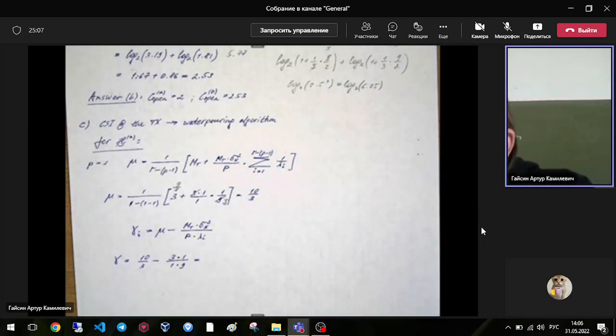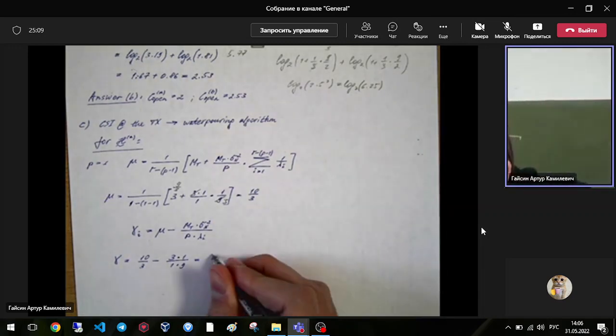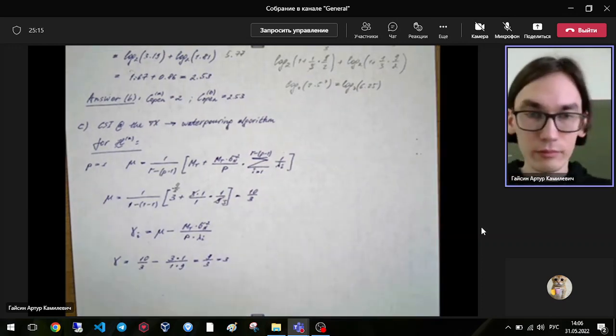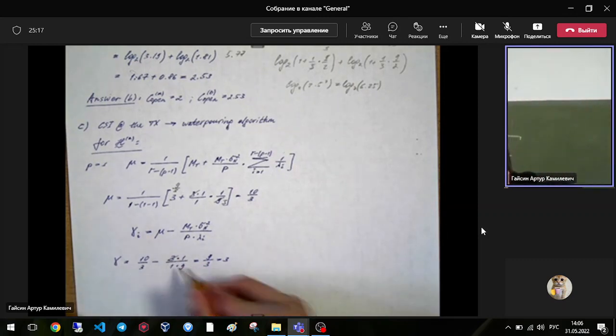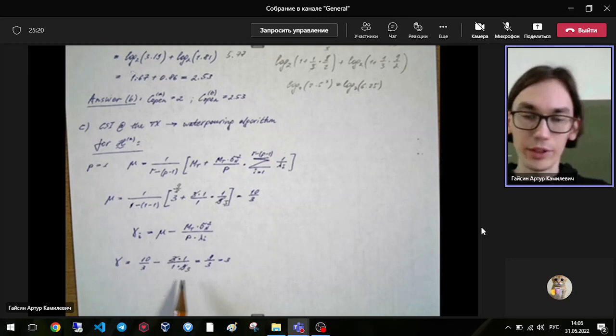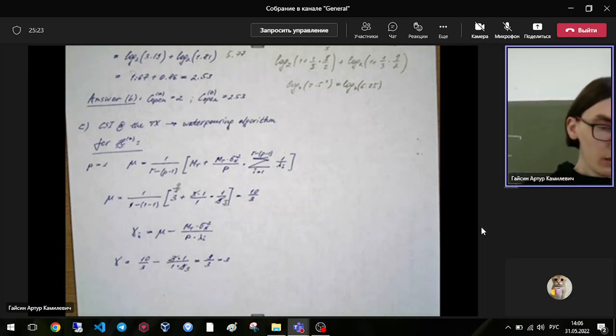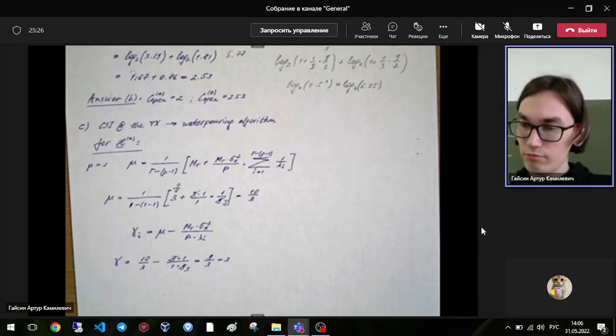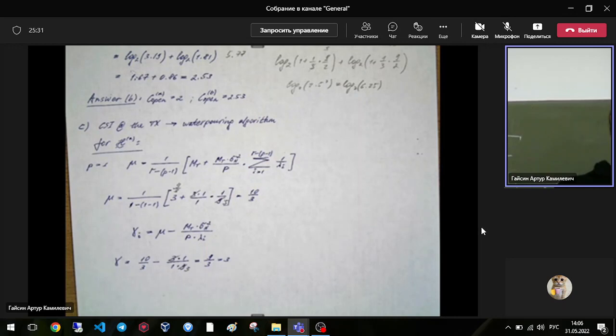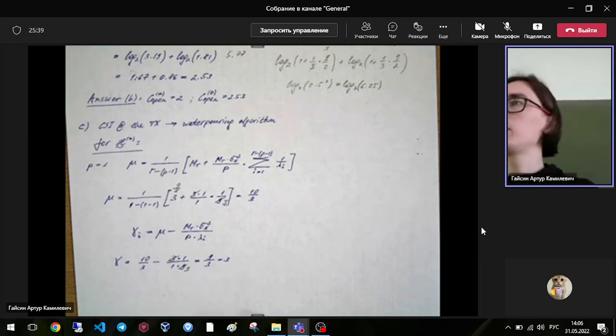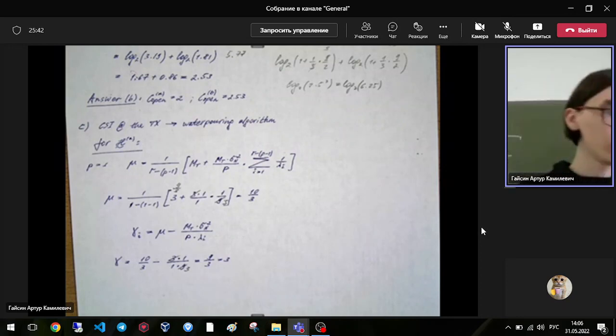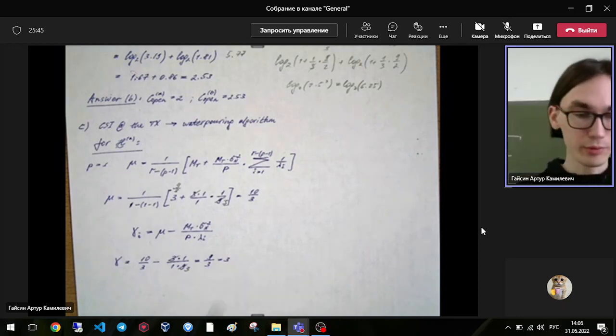And you can see we have just 9 divided by 3, or 3, because here we have 3 in the denominator. So this thing is the last thing for this water pouring algorithm. So next, of course, we need to check for negative values, but we have only one real, positive value equal to 3.